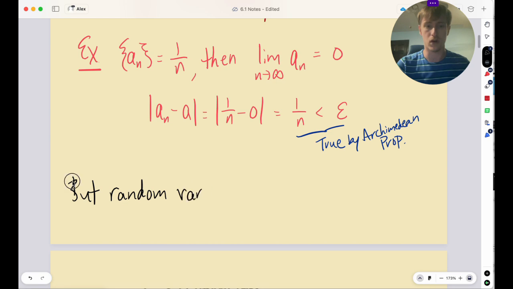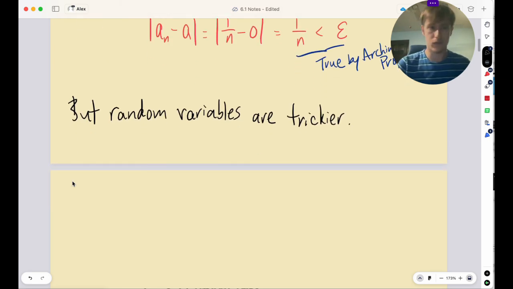So random variables are trickier. Why are they trickier? Well, they're trickier because X sub n isn't defined to be one value. X sub n is a random variable, which means it can take on sometimes an infinite number of values.